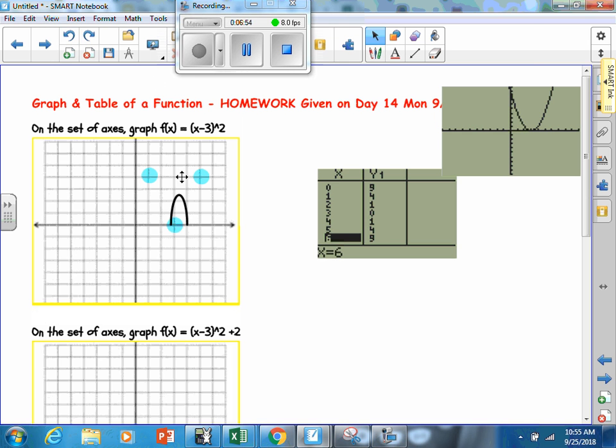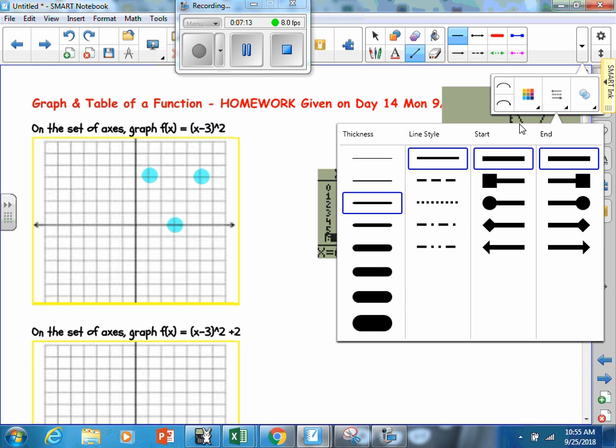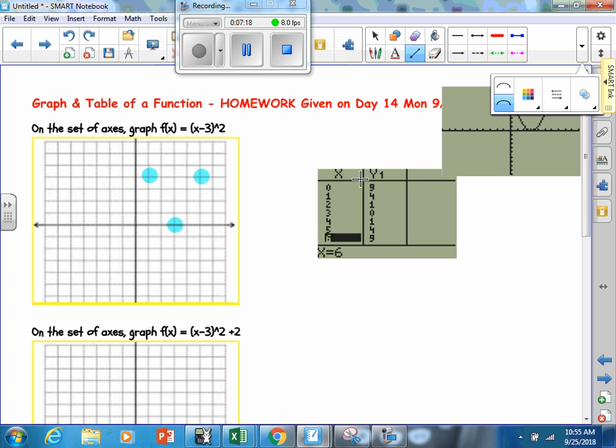I'm moving everything. I'll delete this and I'll try something else. Here we are. That's not going to work. So half the battle, students, is exploring. Don't always know what you're going to get here. Ah, there it is. That looks pretty good.